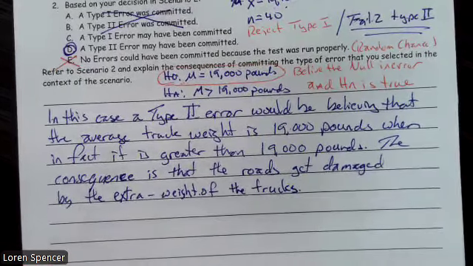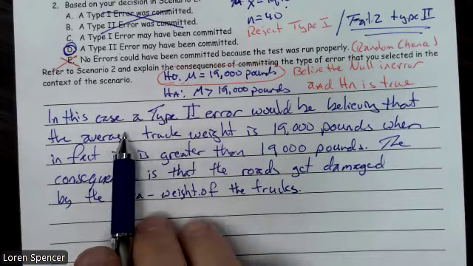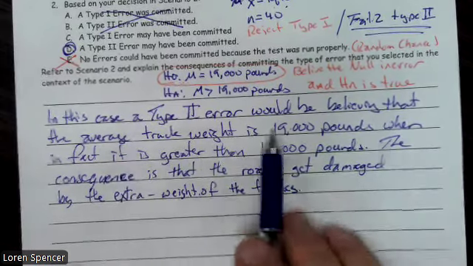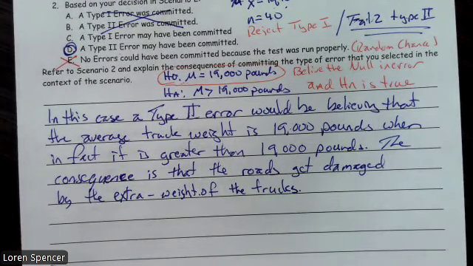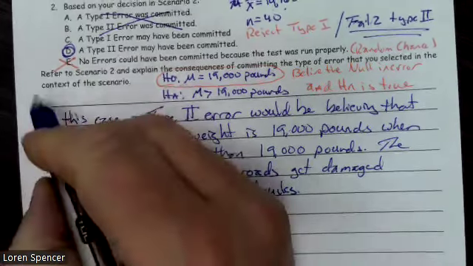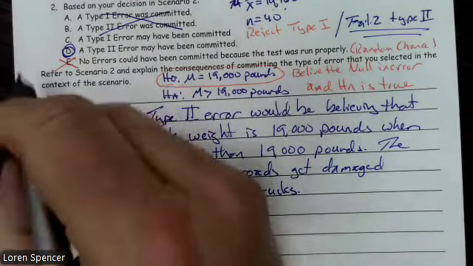All right, one thing I should have said up there at the beginning. So in this case, a type 2 error would be believing that the average truck weight is 19,000 pounds when in fact it is greater than 19,000 pounds. The consequence is that the road gets damaged by the extra weight of the truck. You have to have this whole thing.